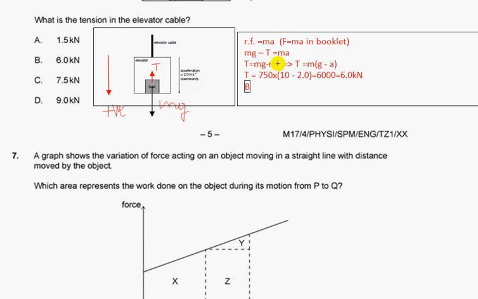Here we use the formula resultant force equals ma. In the booklet it looks like F equals ma. So the resultant force is mg minus T, and it should be equal to ma. Rearranging for T, we get T equals m times (g minus a), then 750 times (10 minus 2), then you calculate, and you'll get 6000, which is 6 kilonewtons. Answer B.